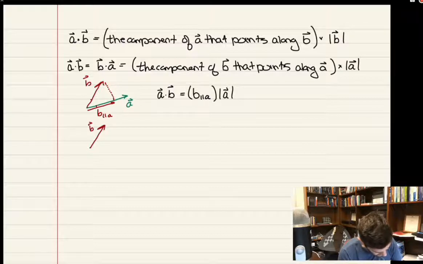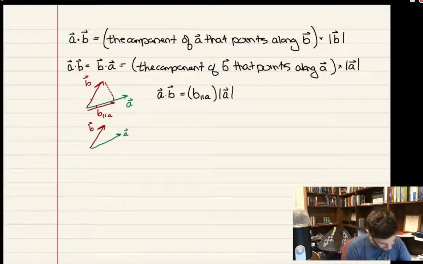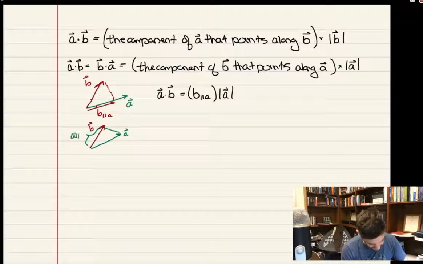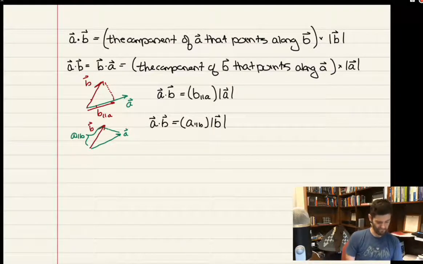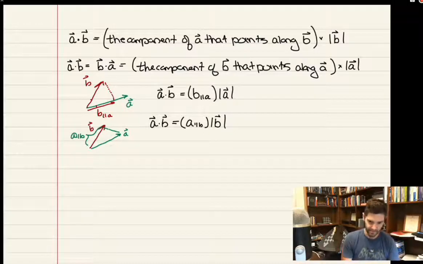Here's B, this is A. There is a part of A that points along B. I might call this A parallel to B, where A dot B gives me that parallel part multiplied by the magnitude of B. So the dot product is a way of, I like to think of it as the projection product. It is a way of getting the projection of one vector onto the other. How much is vector A pointing in the same direction as B?